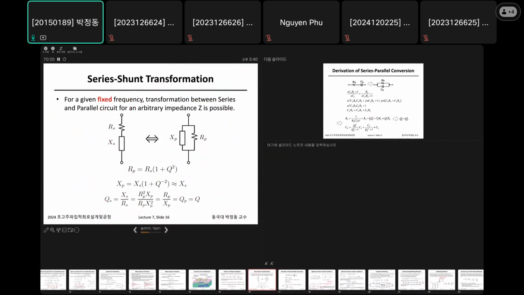Okay, now let's talk about series-shunt transformation. At fixed frequency, this is important, one can convert between a series network and a parallel network. If the frequency is different, this is wrong.